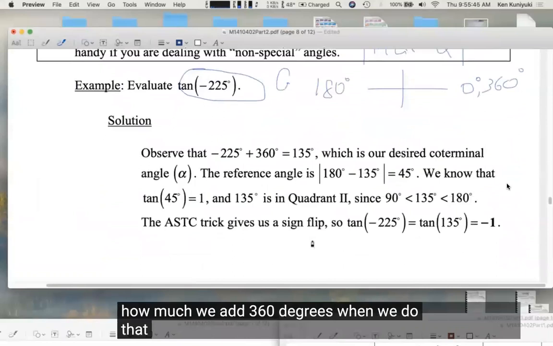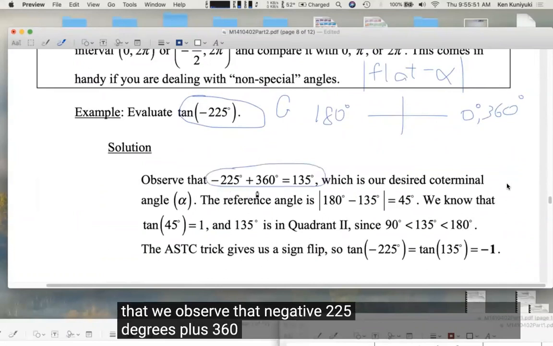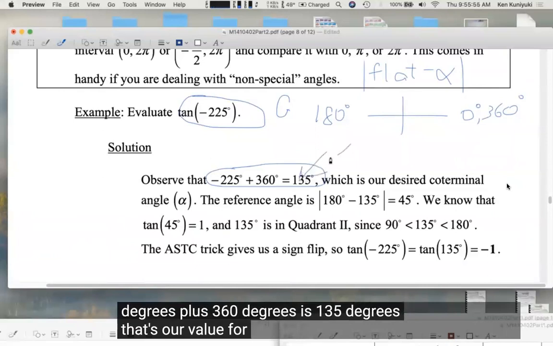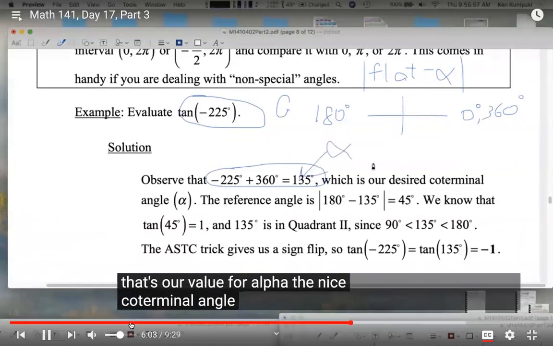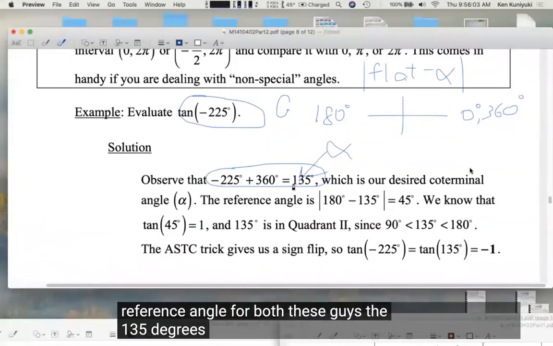When we do that, we observe that negative 225 degrees plus 360 degrees is 135 degrees. That's our value for alpha, the nice coterminal angle. And then, what's the reference angle for both of these, the 135 degrees and the negative 225 degrees?